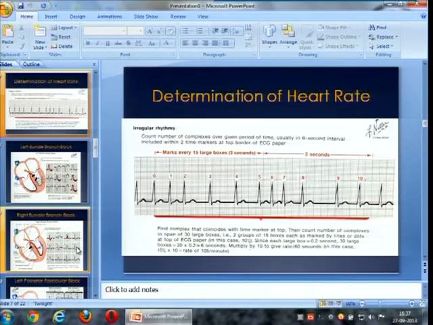That is 6 seconds, because each big box is 0.2 seconds. So, if you multiply what you get over 30 boxes by 10, it will give you the heart rate over a minute.